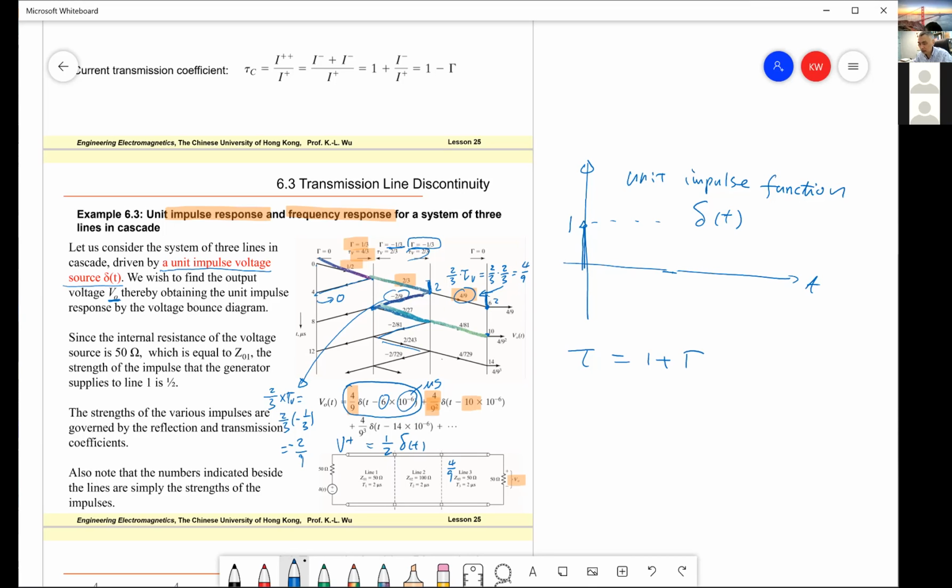But at this moment, if you can get 3 of these, it's already clear enough. 6, 10, 14, so every 4 microseconds you can expect one impulse response. So this distance is 4, this is 4.